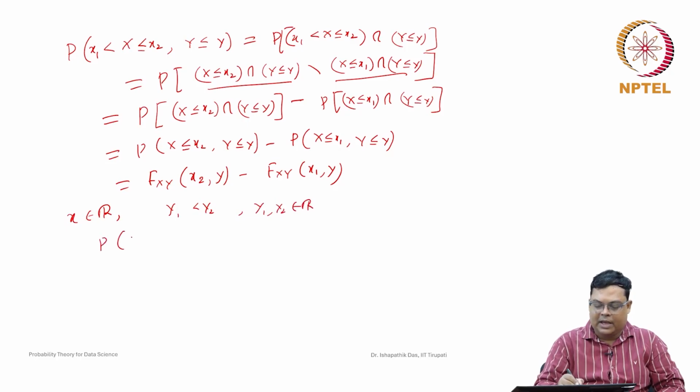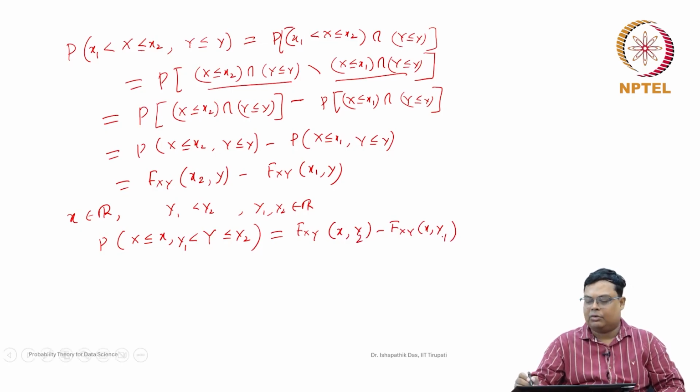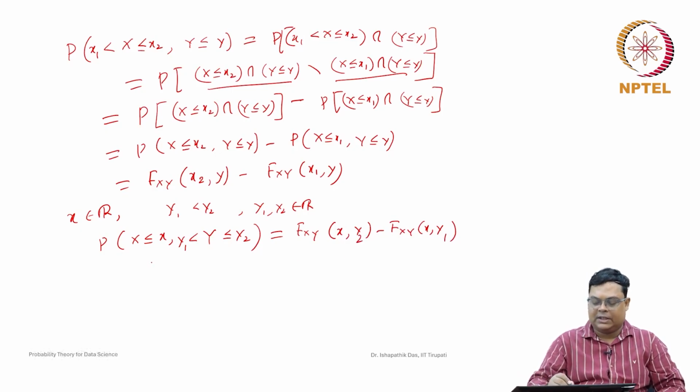Then the probability that X ≤ x, y1 < Y ≤ y2, we can show, is F_XY(x, y2) minus F_XY(x, y1). Very similarly you can prove that.